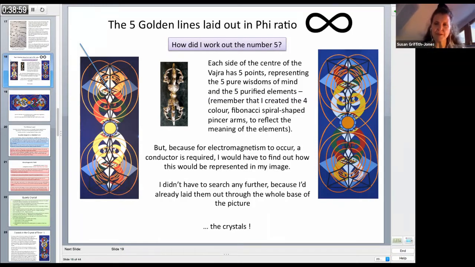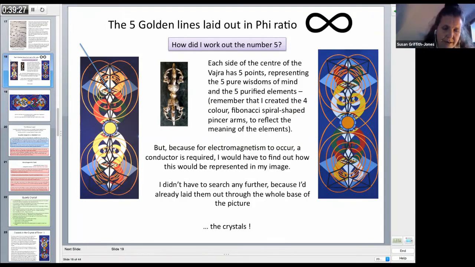We discussed the awareness and the perception of consciousness. And remember that I also created these 4 color Fibonacci spiral shaped pincer arms. So there are 3 of them. If you look on the left side, here are 1, 2, those are the 4 pincer arms in the colors of the 4 elements.